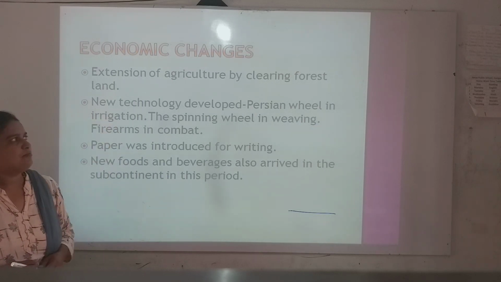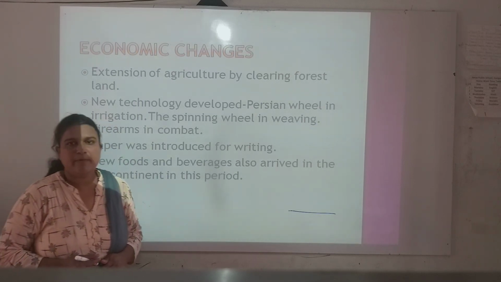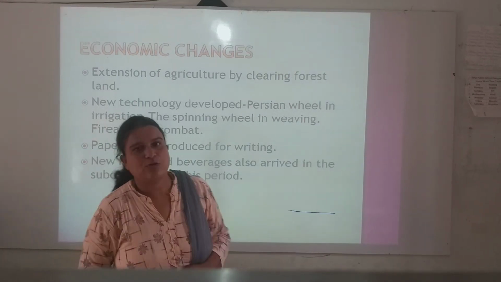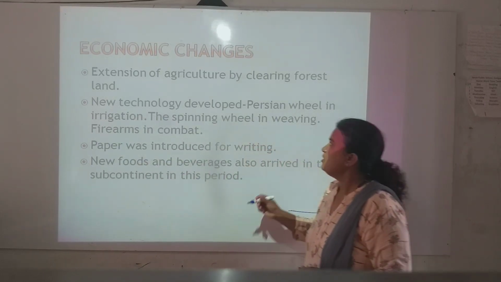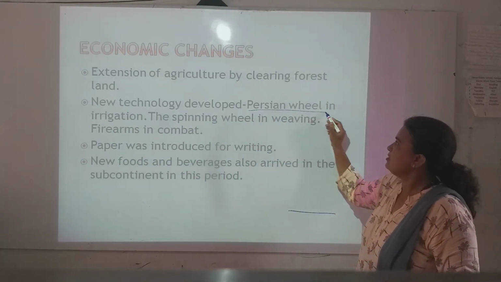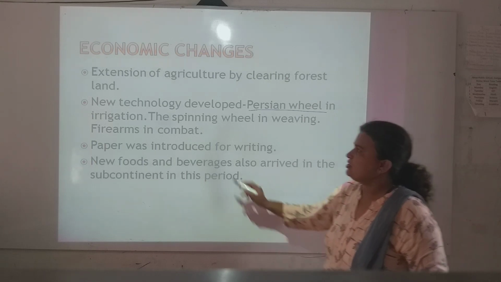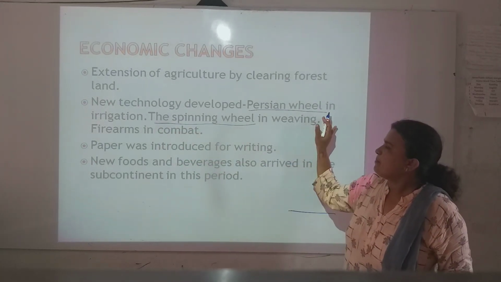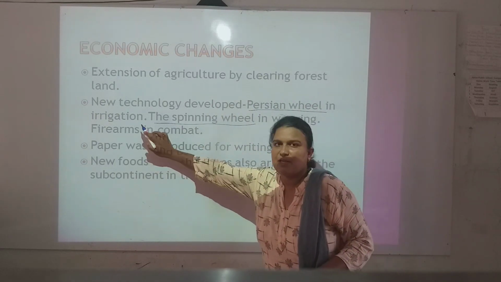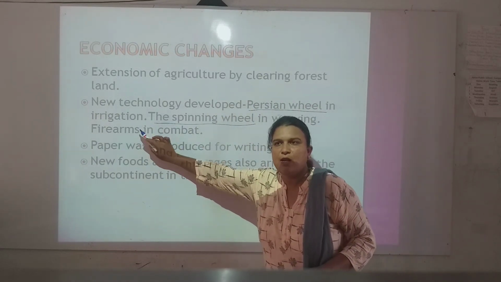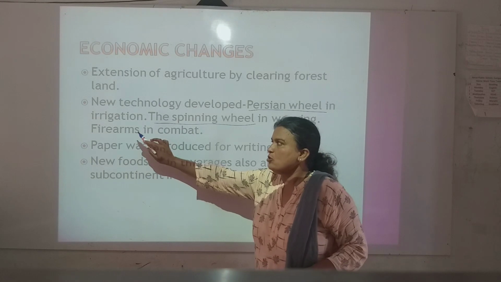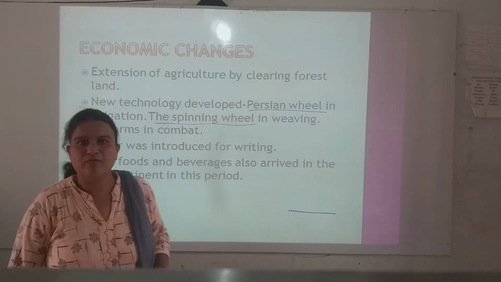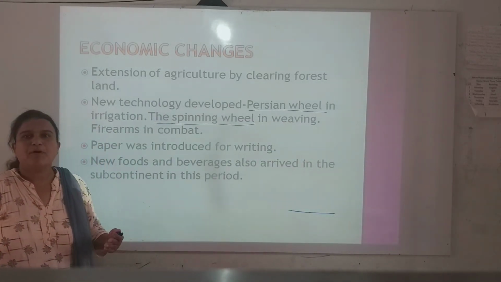Next, some new technologies developed during the medieval periods, and among them the very well known were the Persian wheel for irrigation and the spinning wheel. With the Persian wheel used for irrigation, agricultural production grew.